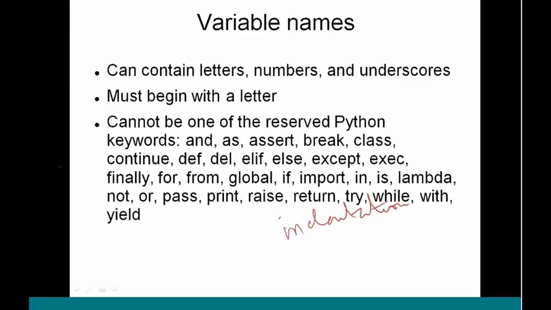So if you say if something true, then print, then we say else, then another print. So it knows the different levels of hierarchy through the indentation. So it is very important to indent your lines so that it doesn't give any error.